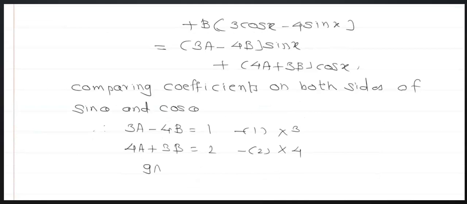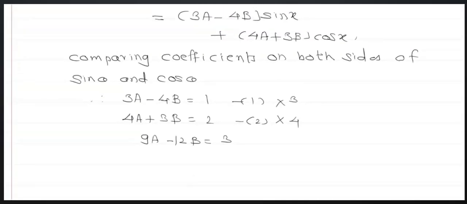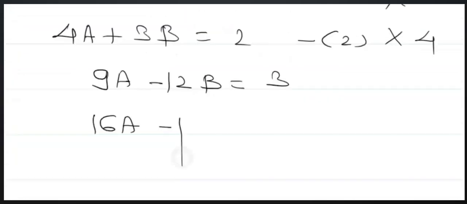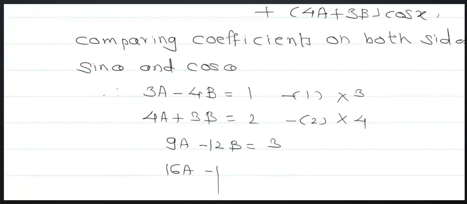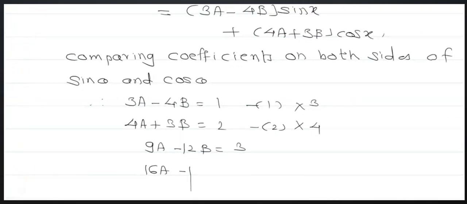Then you will get 9a minus 12b is equal to 3, and 16a plus 12b is equal to 8. Now add these two equations: 25a is equal to 11.